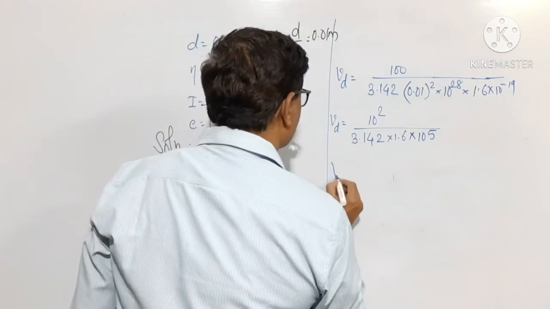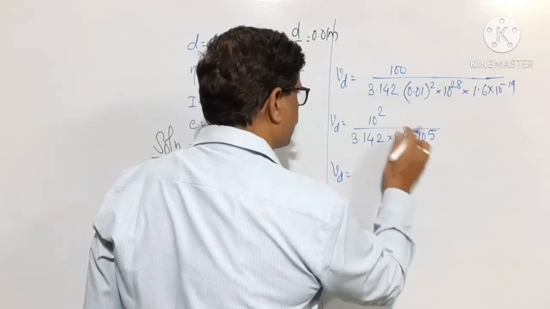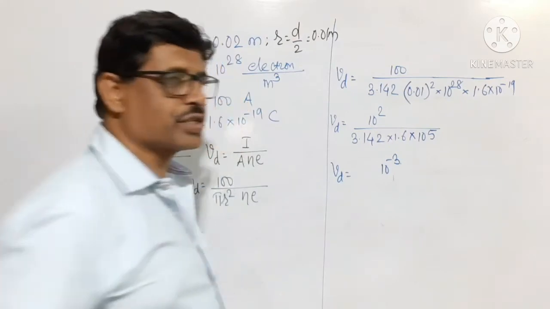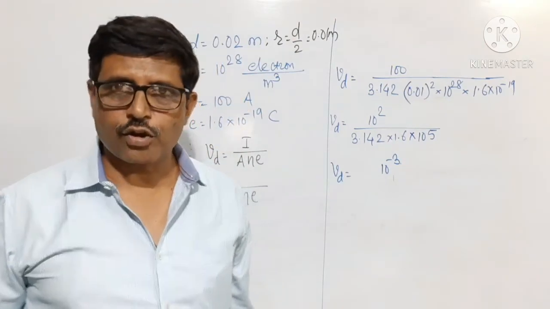And therefore, the drift velocity will be equal to 10 to the power of minus 3. When 10 to the power of 5 goes in the denominator, it should be minus 5, so it is 10 to the power of minus 3.